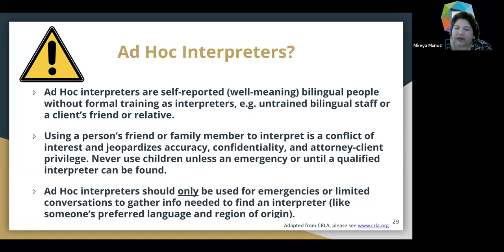So it's very important that if we're going to use children, for example, it's only in limited situations, only to gather basic information or to convey the language that's needed, to be able to get an interpreter for that particular appointment.